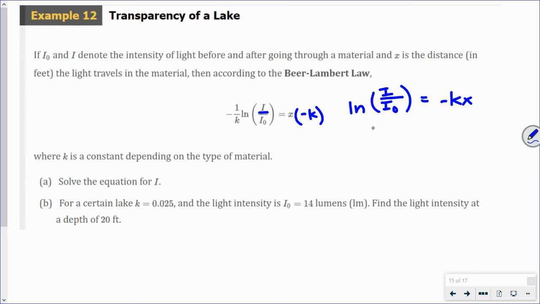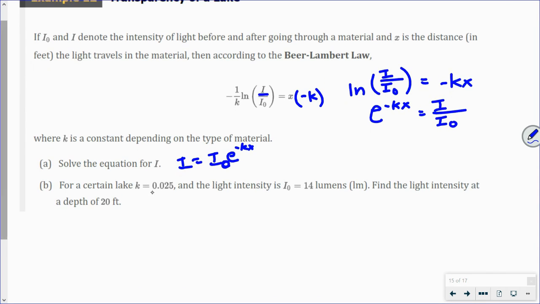My base is e, so that's e to the negative kx equals I over I naught. And then we multiply by I naught. So I equals I naught e to the negative kx. The 0 here is a subscript, e is a normal e, and then you have your exponent of negative kx.